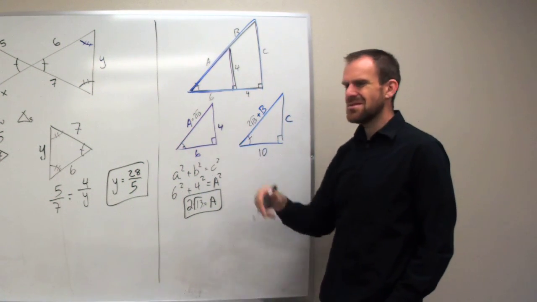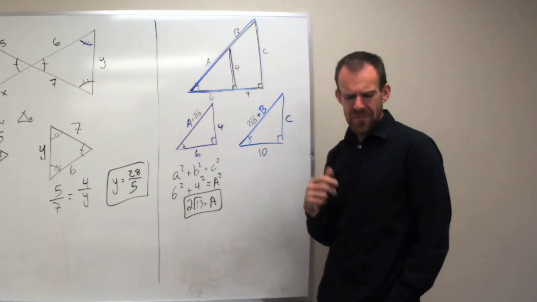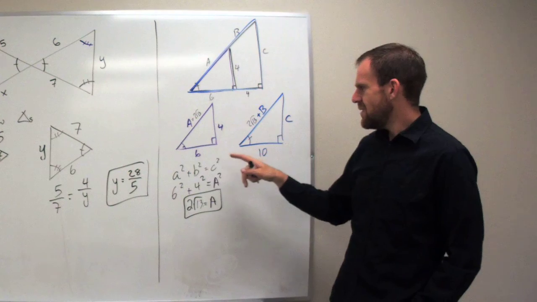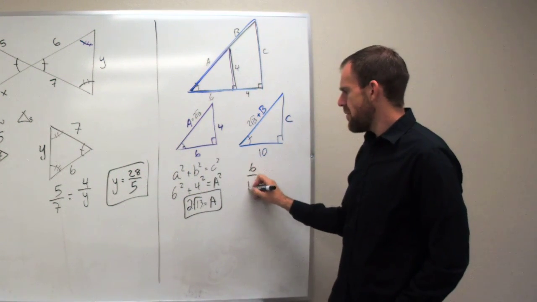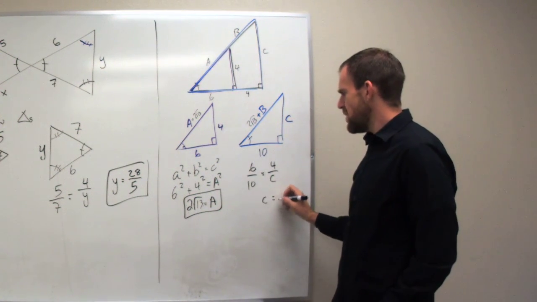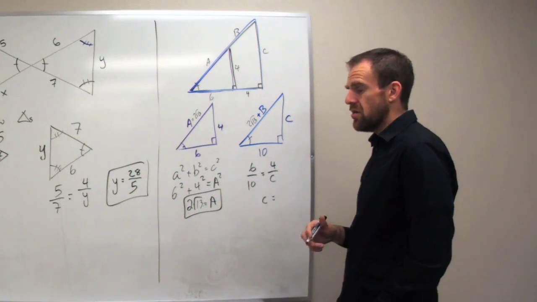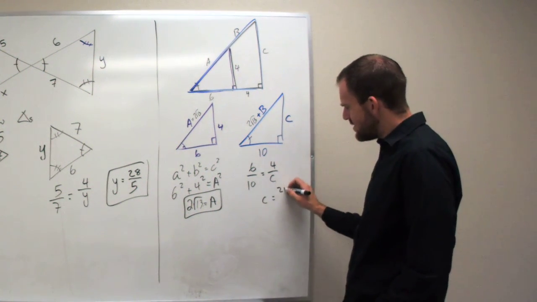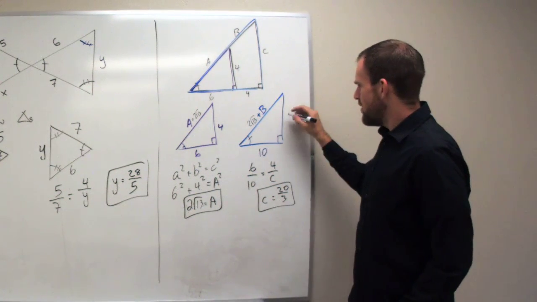And if I am, I'm doing similar triangles with 2 square root of 13s everywhere. That's gross. So I'm going to find C. I find the pair that matches. So 6 over 10 equals 4 over C. Cross multiplying, I get 40 over 6, which is 20 over 3. Is that correct? Yes, it is. So that's 20 over 3.